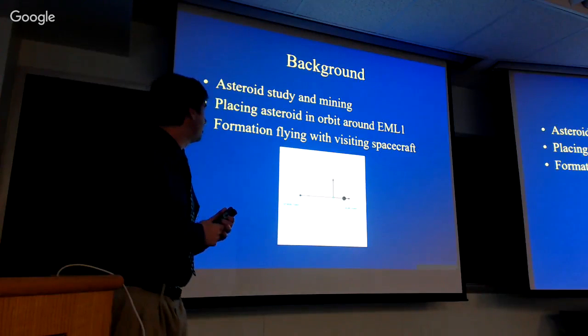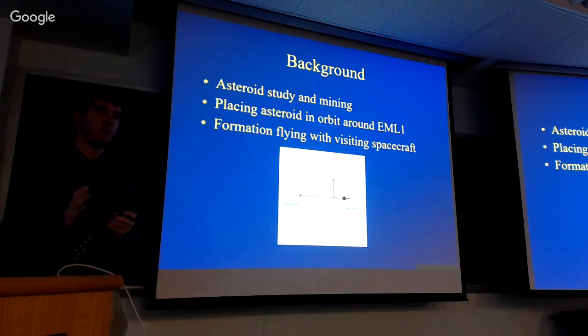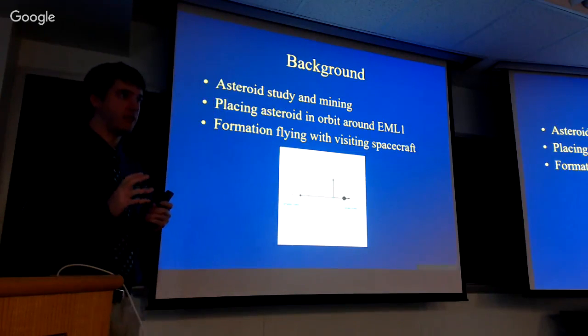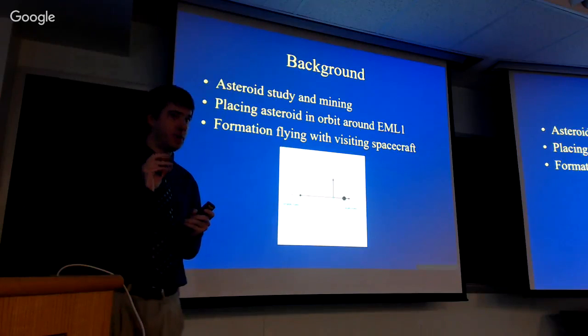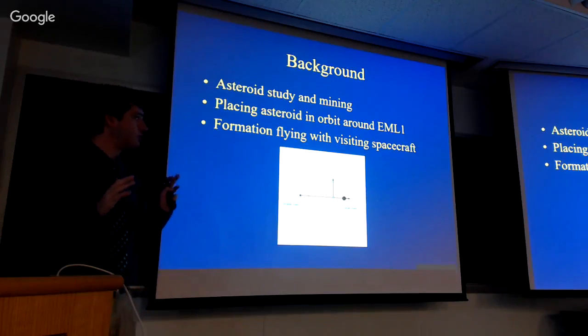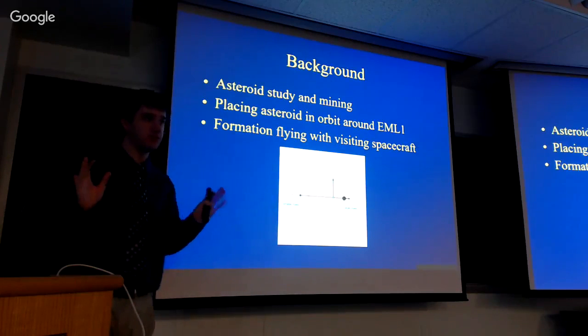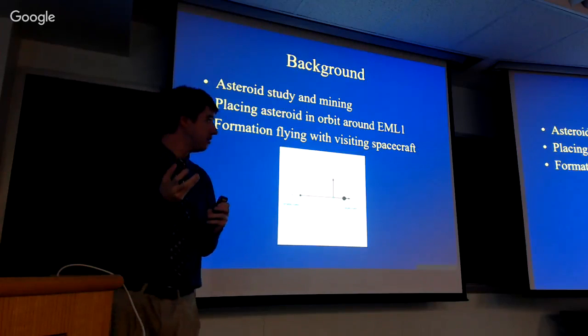I'm considering an asteroid flying formation with a spacecraft in the Earth-Moon system about the libration EML1 point. All figures that you'll be seeing in this presentation will be around that kind of orbit.